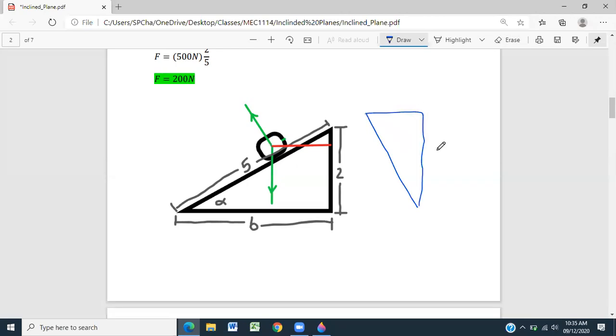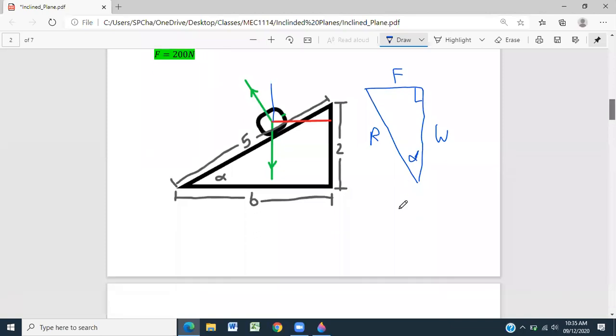So here is W, here is F, and here is our R, and this angle, as previously deduced, is alpha. Right, good. So we end up with an equation that says F is equal to W tan alpha.